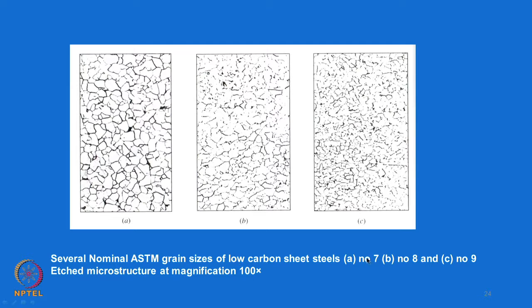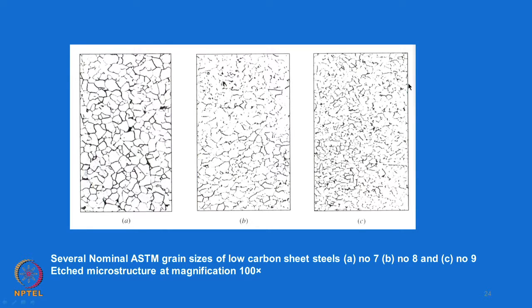Image A belongs to ASTM grain size number 7, B is number 8 and C is number 9. They are all etched microstructures at a magnification of 100 times. What I want you to appreciate is, as the grain size number increases, the physical size of the grain becomes smaller. So, the higher the ASTM grain size number, the smaller the grains.